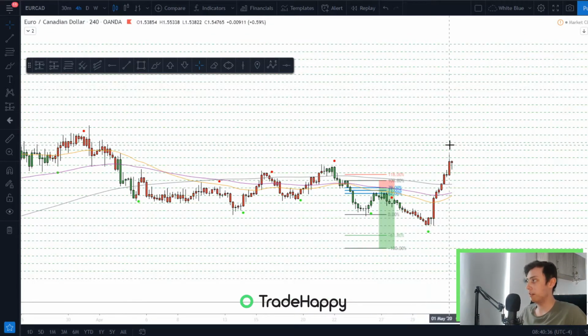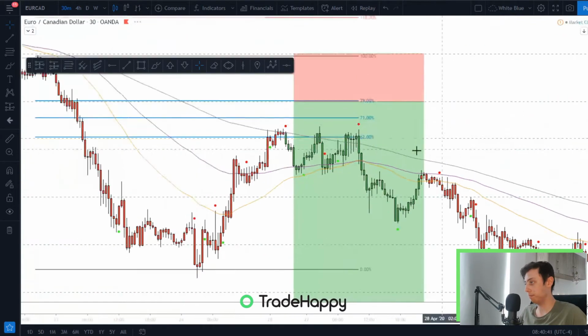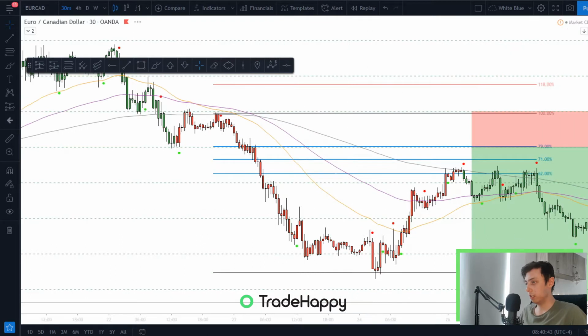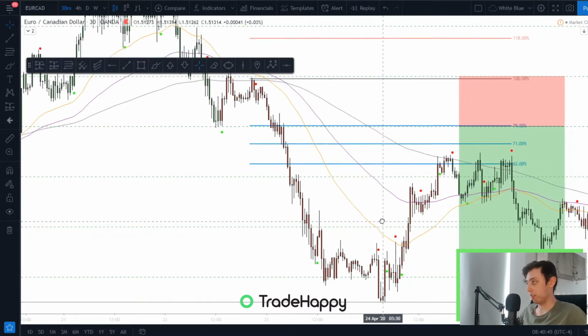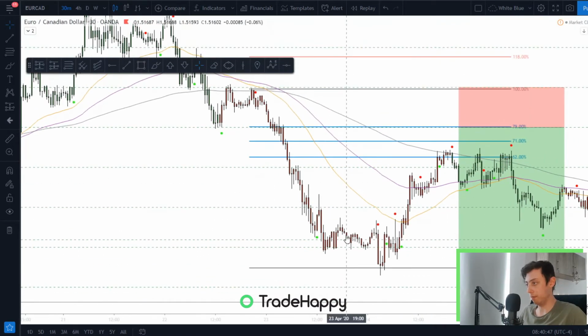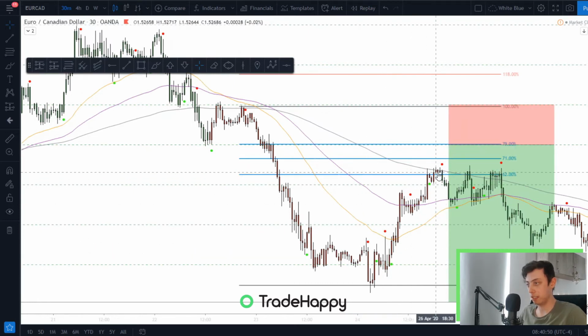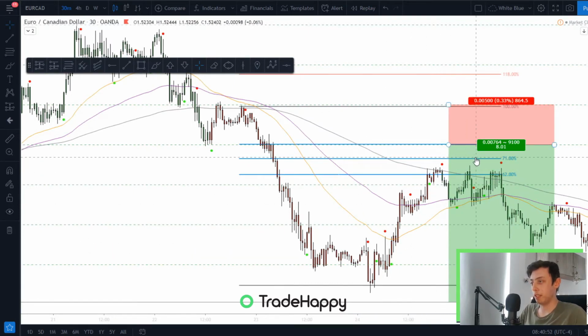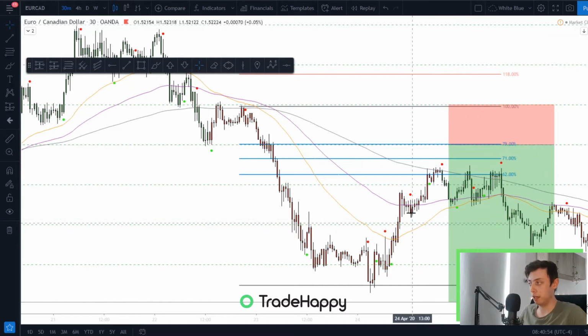The next one that we were having a look at is EURAUD. We go into the 30-minute time frame. You can see again we didn't get into this trade. The market came up and we hit this 62 level, but we never reached that 70 level.